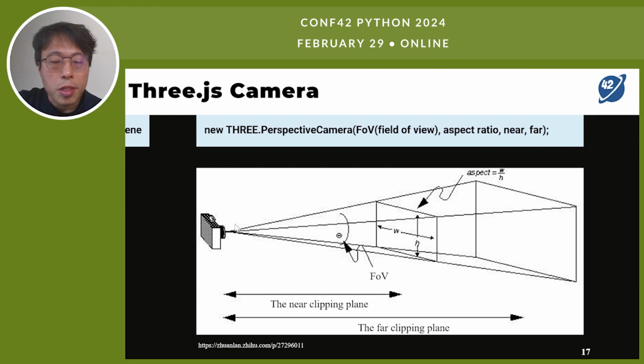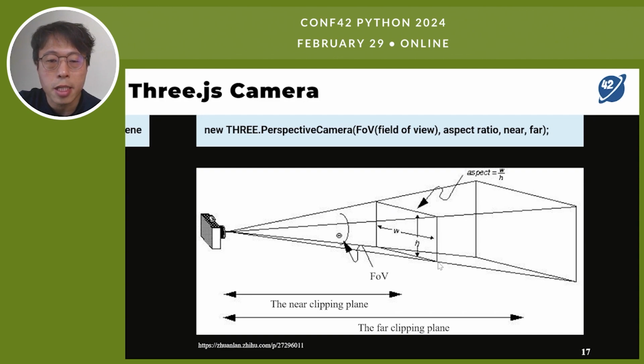Here we see the picture on the left side. There's a camera, and its direction is to the right side. Its angle and direction decide the field of view here. And how far the camera can see is decided by the 2 clip planes here.